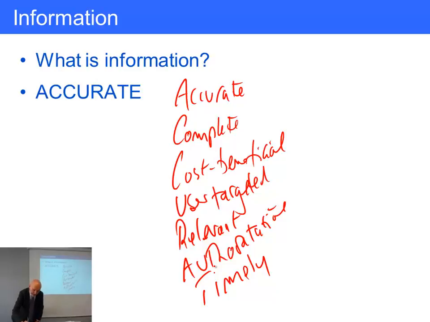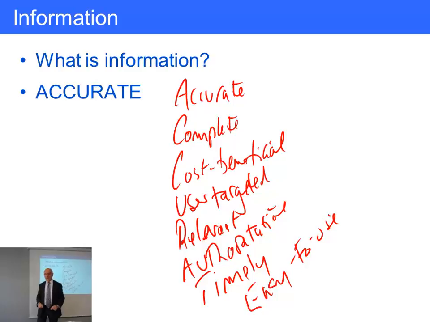And finally, easy to use. If information is presented on a printout or on a screen, you want it to be described, you want it to be annotated. You want, sometimes, if you hover the mouse pointer over something, up will come a little tooltip, as they're called. It'll say exactly what that information is and so on.